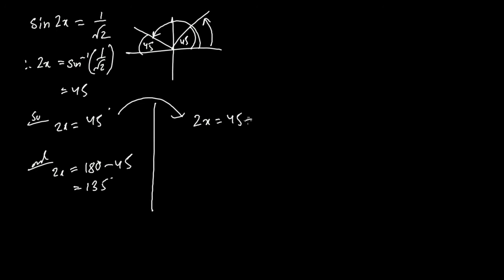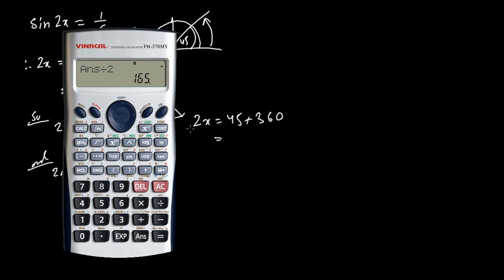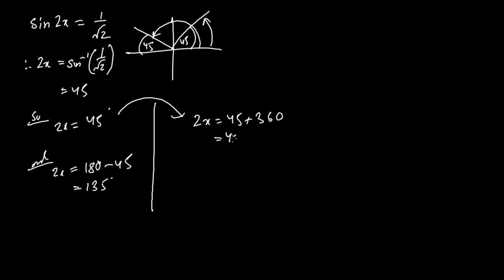2x equals 45 degree plus 360. That would make it 405 degree. And from here we'll get another value that would be 135 plus 360.